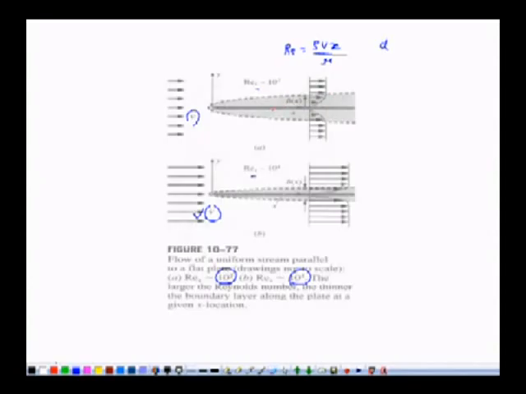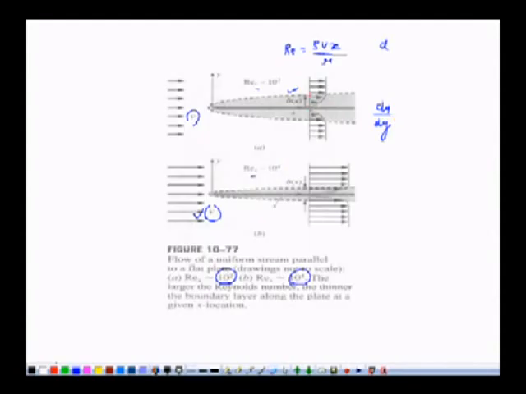When Reynolds number is less, the boundary layer thickness is more, and when the Reynolds number is more, then boundary layer thickness is less. If boundary layer thickness is more, then what will happen to du over dy?